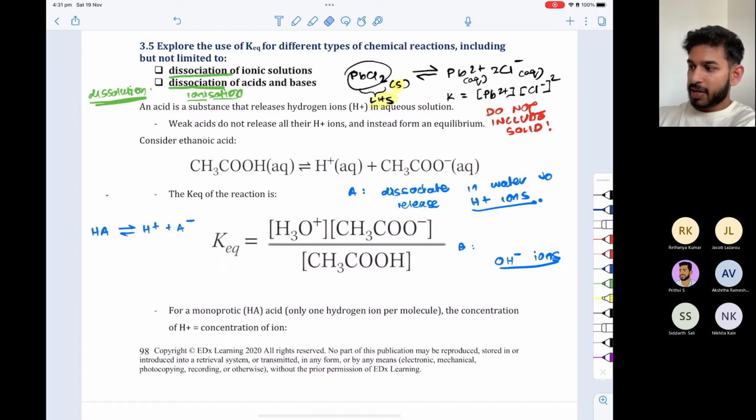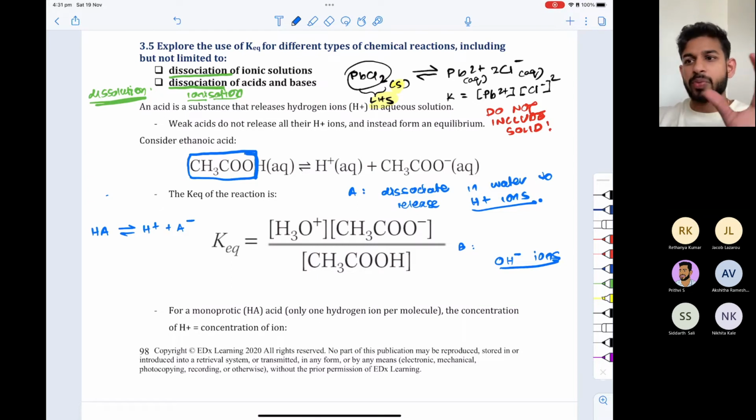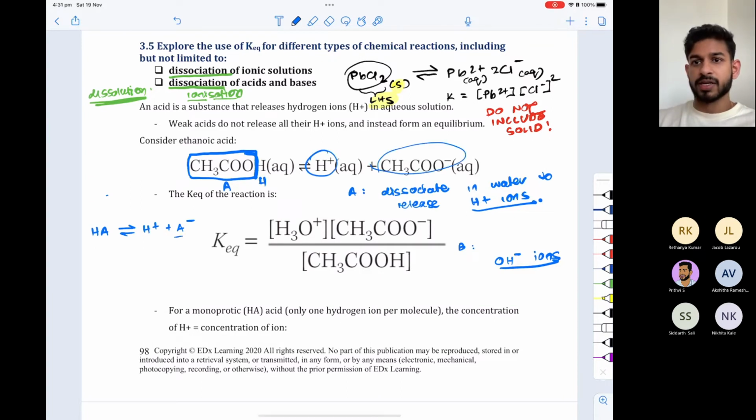A perfect example here is ethanoic acid, where the A is just a CH3COO structure. It's written in this weird way where we don't combine the carbons together because it's telling you a bit more about the structure of that CH3COO minus, but we'll talk about that much later. For now, just know that is the A, that is an H. And so when it separates, you see the H here and you see the A minus, or whatever's left of it on the right hand side.